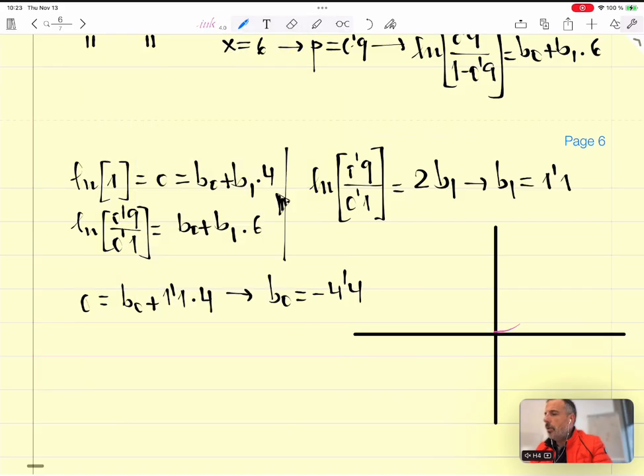We have this equation, p equals 1 divided by 1 plus e to the minus 4.4 plus 1.1x.